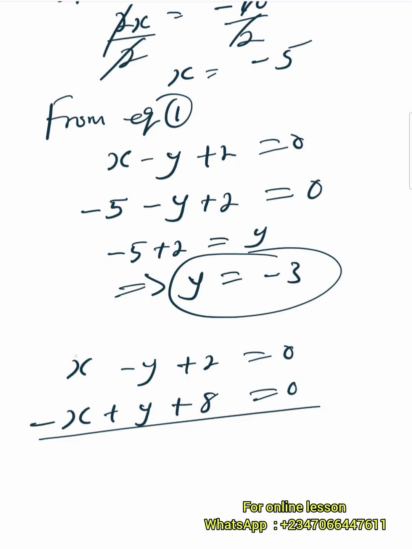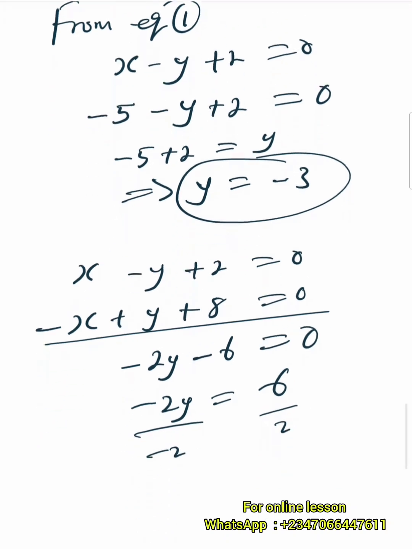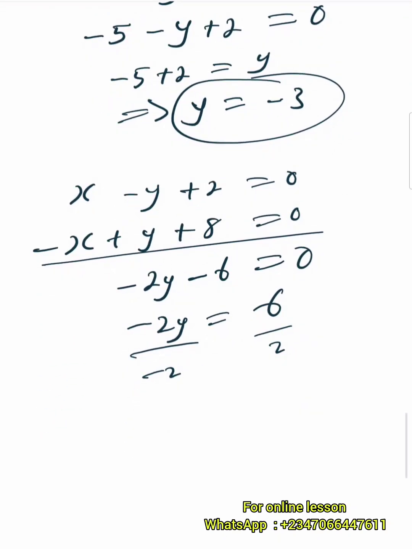This minus this, x is gone. This will now give you -2y. Then 2 minus 8 gives you -6, equal to 0. So we have -2y = 6. Divide both sides by -2. So y is equal to -3.